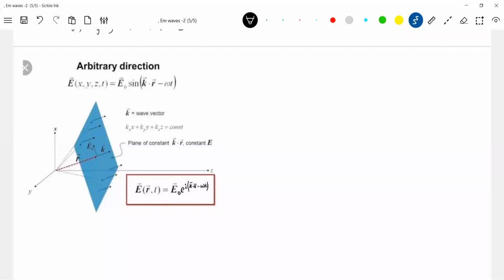This K vector is called the propagation vector, or wave vector. Very important. If a wave propagates along the x-axis, k dot x bar, how much will it become? Only kx. If a wave propagates in space, then this propagation vector will become very useful for us. So how to express that? Again, it will have kx, ky, kz values that should be defined.